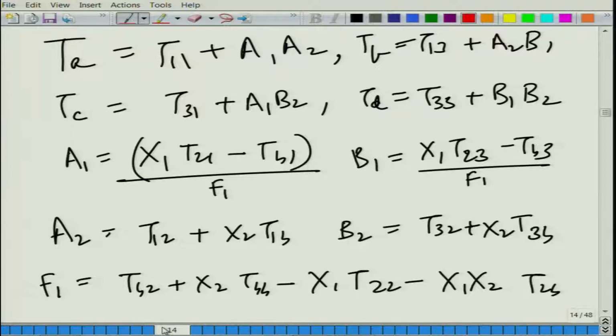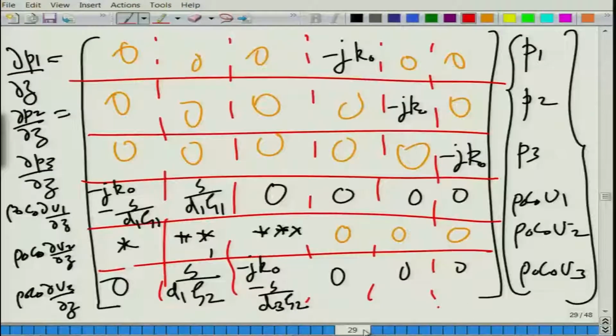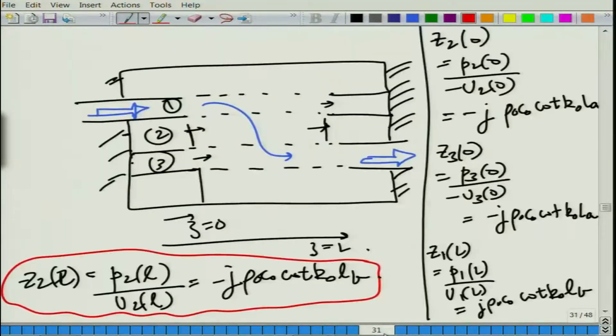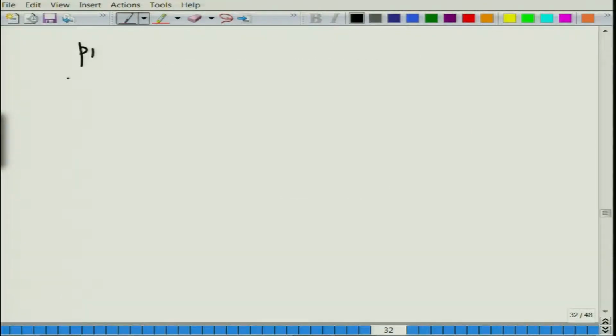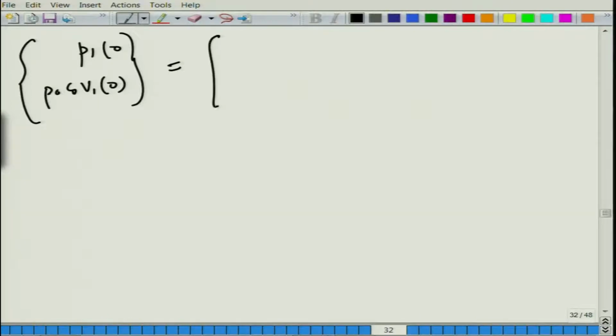So, to eliminate appropriate variables, and eventually what do we want? We must ask ourselves, what exactly are we looking for? So, we are looking for a relation between the state variables, that is P1 and rho naught C naught U1 at z is equal to 0, and P3 at z is equal to L, and rho naught C naught U3 at z is equal to L. So, basically what we are seeking is really this kind of a thing, isn't it?